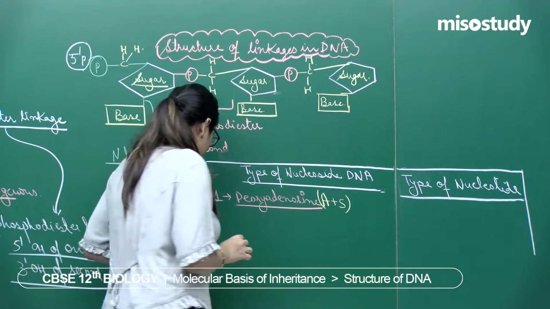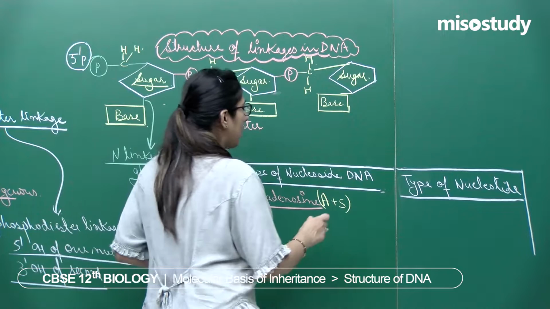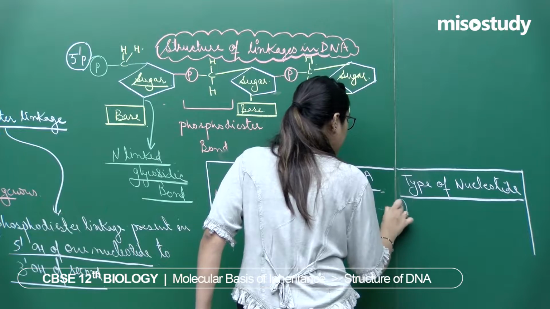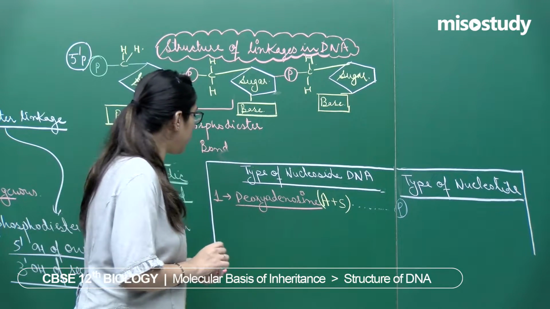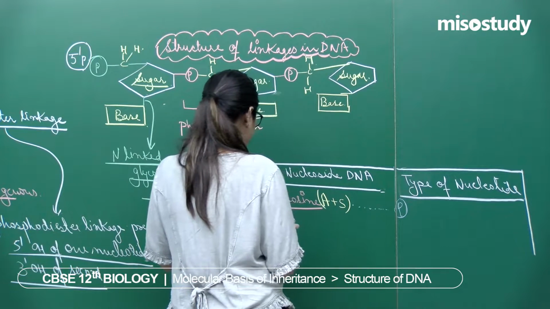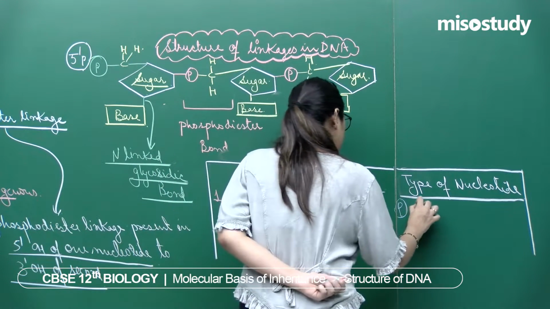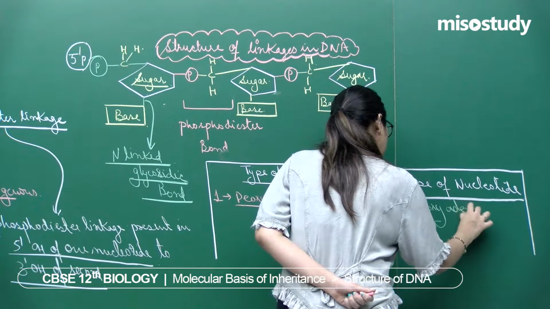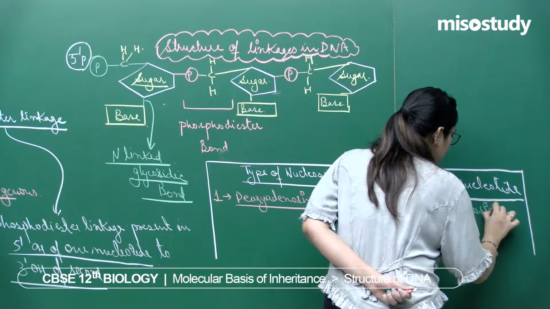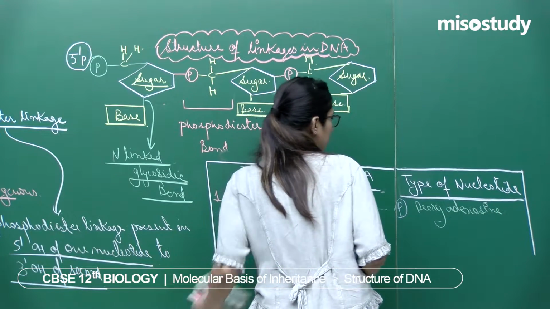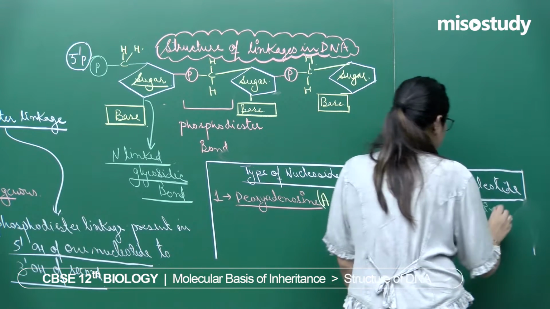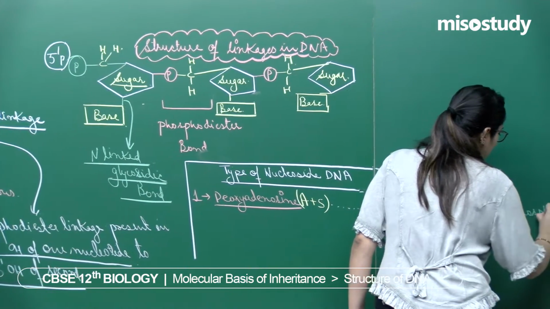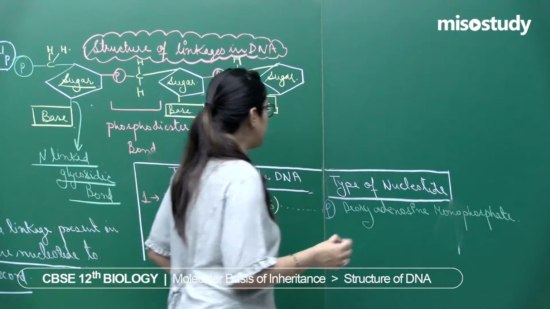Right? Now, let's suppose something. If I join this with a phosphate, this is a phosphate. If I join a phosphate with this, what will be the formation? There is a formation of deoxyadenosine monophosphate. Deoxyadenosine monophosphate.